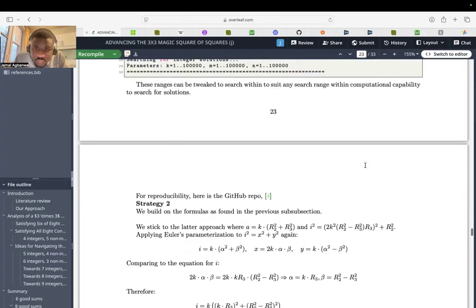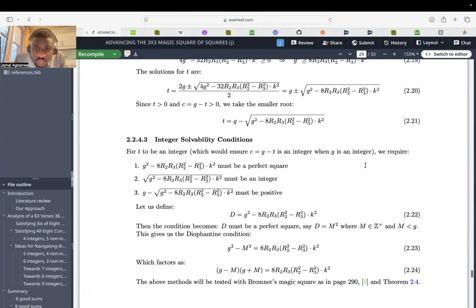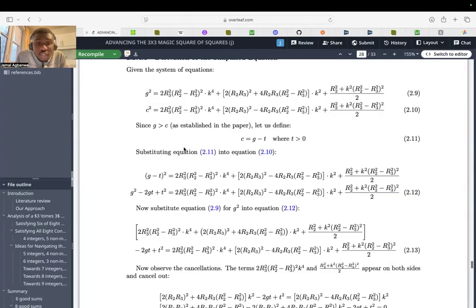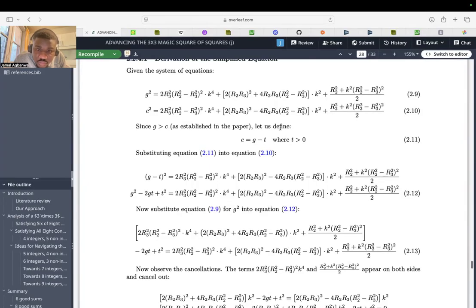So coming back over here, because of the approach we took, we now have to say g is bigger than c in this case. So you have to recognize that c is now g minus t.